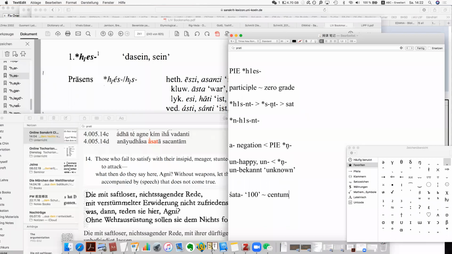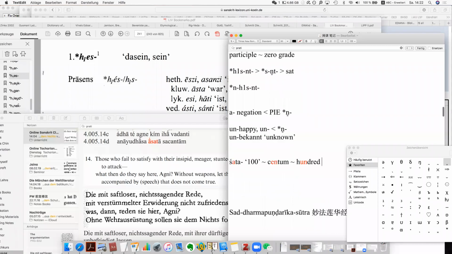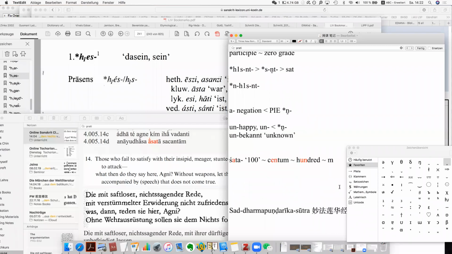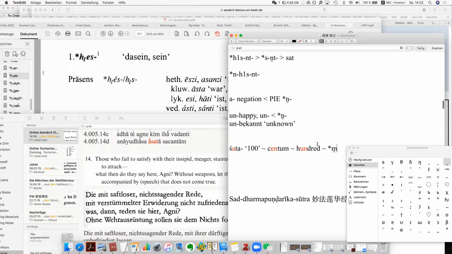Centum, right? And the German word is called hundert, right? So take a look. This R and this N, yeah, they all go back to a resonant. This is actually this one. Yeah. Okay, and okay, I think it's enough.